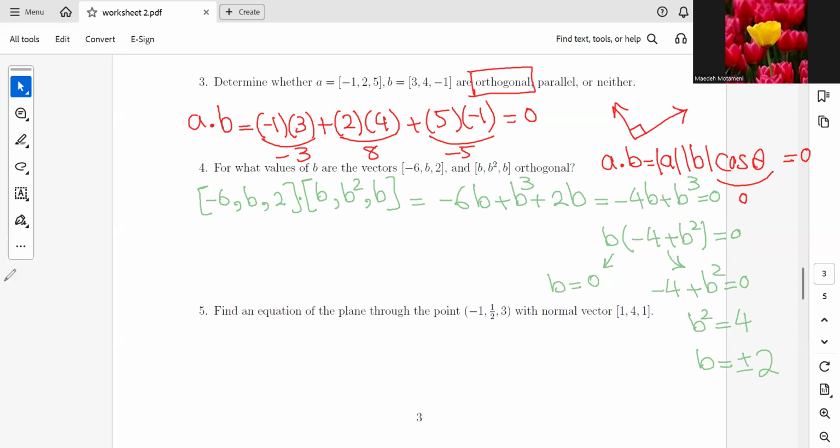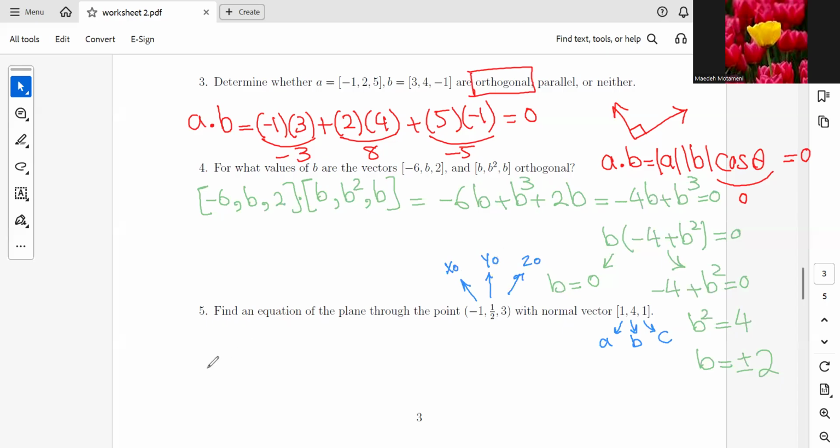Number 5, find an equation of the plane through the given point with the given normal vector. Since this is the normal vector, the first one is A, the second one is B, and the third one is C, according to the formula. And for the point that is given to us, the first one is x sub 0, the second one is y sub 0, and the third one is z sub 0.